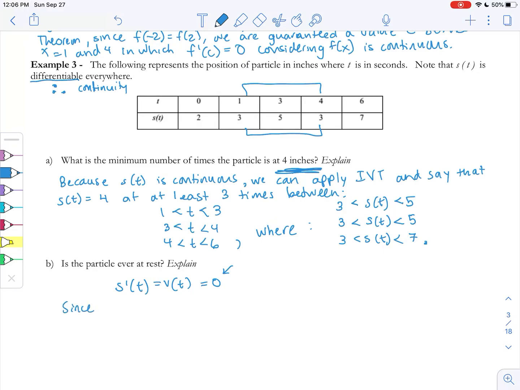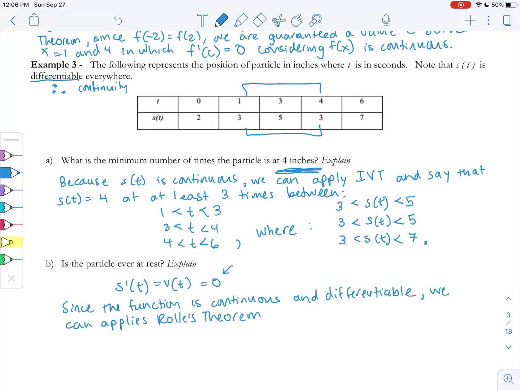And since the function is continuous and differentiable, we can apply Rolle's Theorem over the interval from 1 second to 4 seconds, because the y value is there. f of 1 is equal to f of 4.